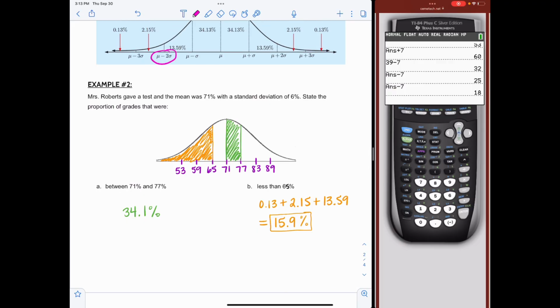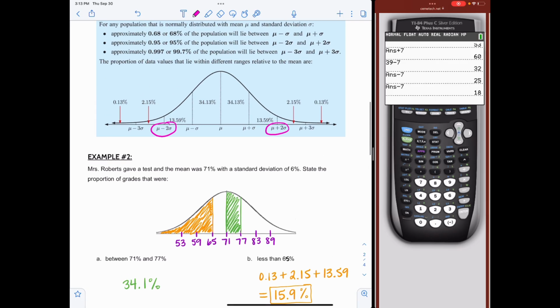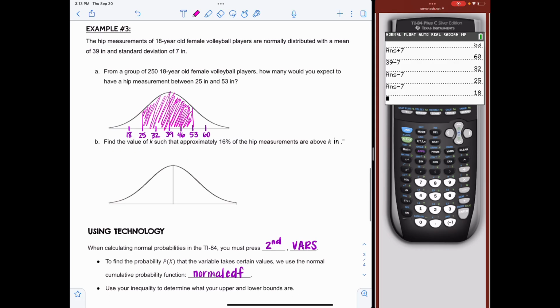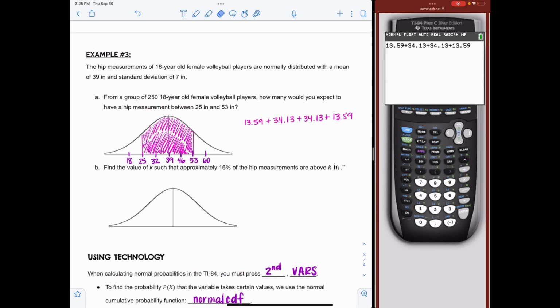So I'm looking from here to two standard deviations above here. So that means I'm adding up 13.59, 34.13, 34.13, and 13.59. So if I do that, I'm going to say that my total probability would be equal to 95.44%.